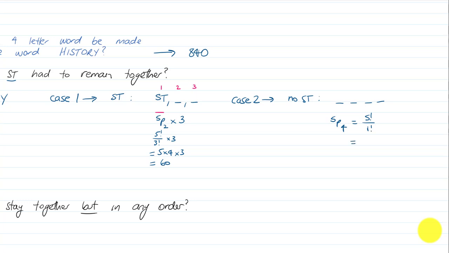It's 5 factorial over 1, 5 times 4 times 3 times 2, which is 120. And so in total, there are 180 different ways of choosing a word that has S and T together.